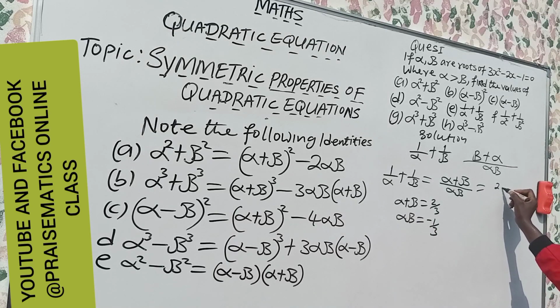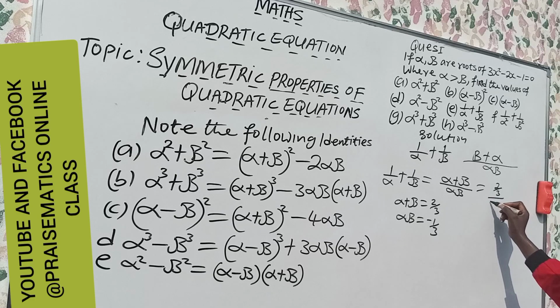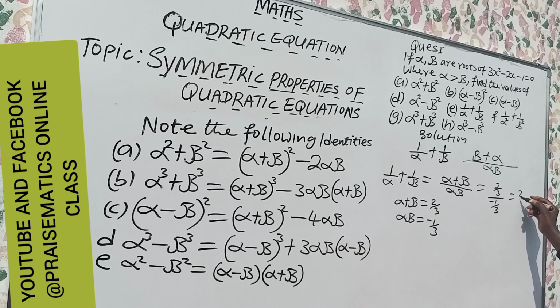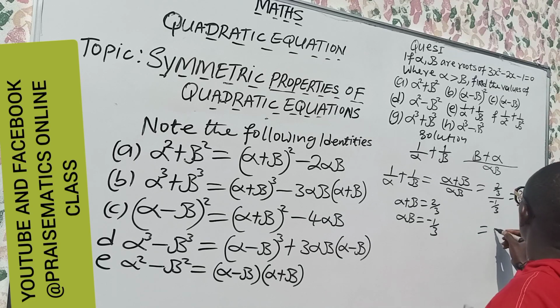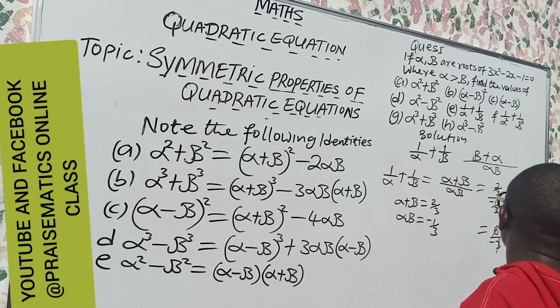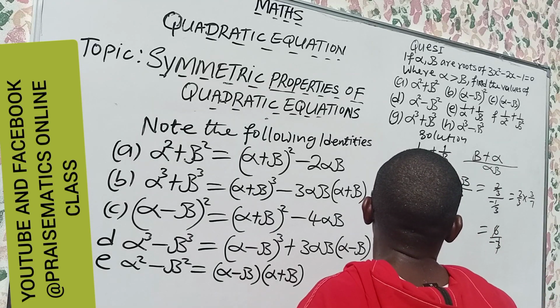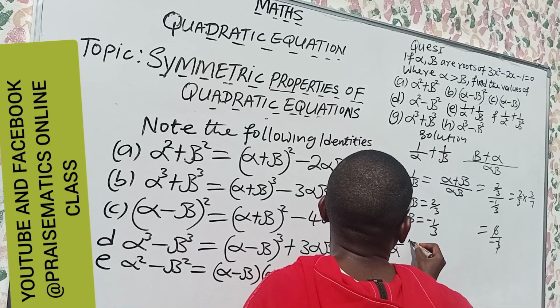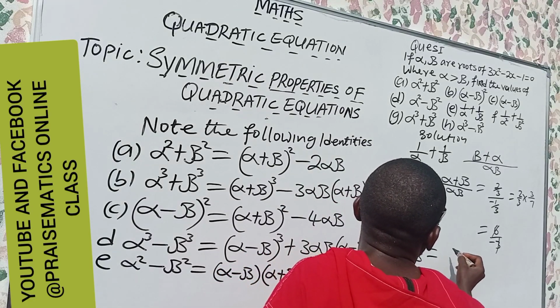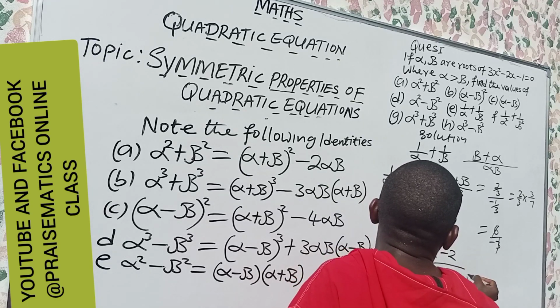We have 2 over 3 divided by minus 1 over 3. We invert them. This is the same thing as saying 2 over 3 multiplied by 3 over minus 1, which will give us 6 over minus 3. This will cancel. We have 1 over alpha plus 1 over beta is equal to minus 2 as our answer.